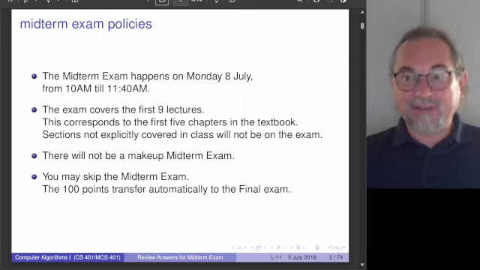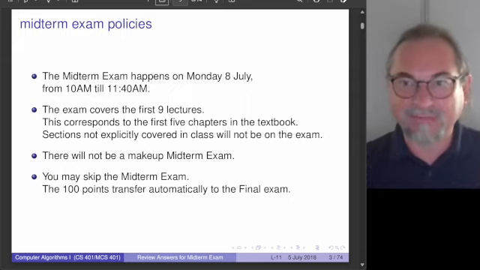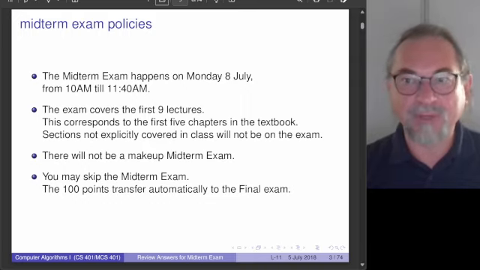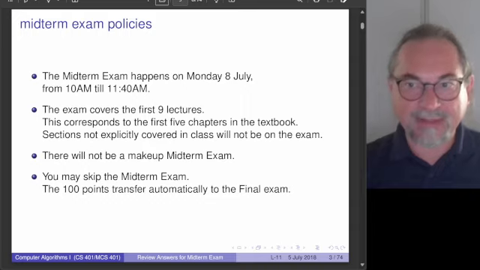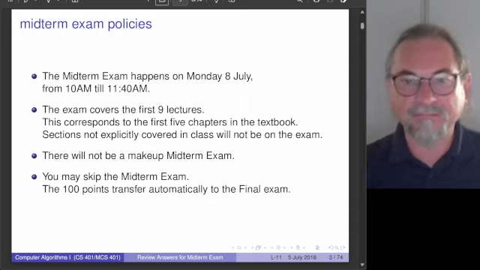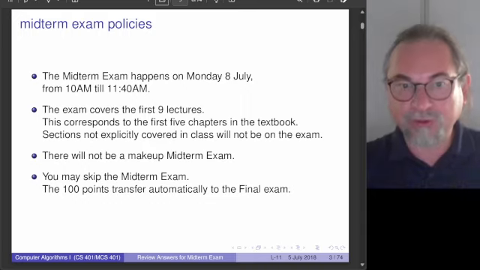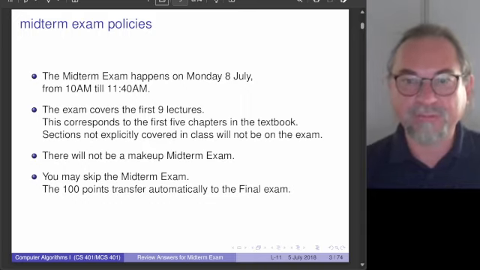The material in this 8-week may have come very fast at us, and it might have been that you're not ready for the midterm exam. No trouble, don't hand in anything. Your 100 points will transfer automatically to the final exam.